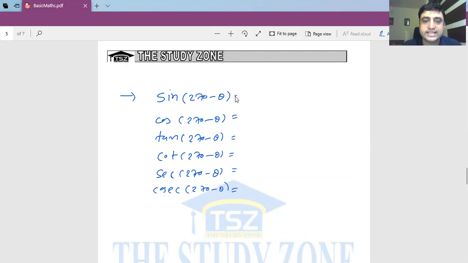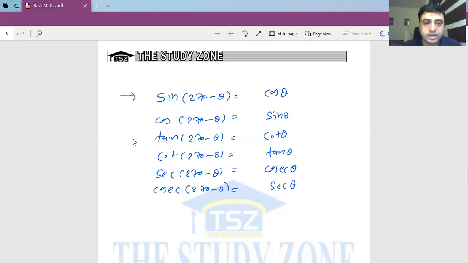You all know that this is the third quadrant. As per rule number one, sine will be cos, cos will be sine, tan will be cot, cot will be tan, sec will be cosec, cosec will be sec theta.